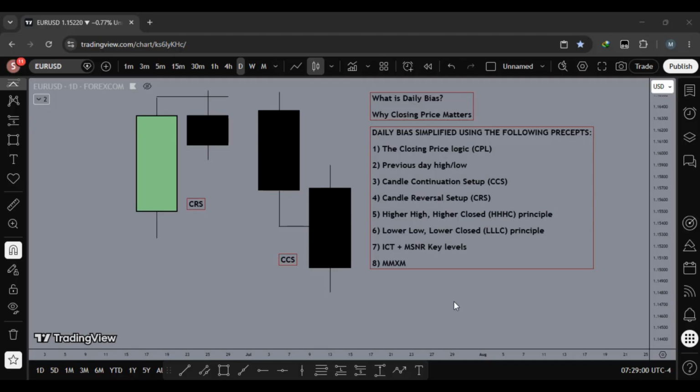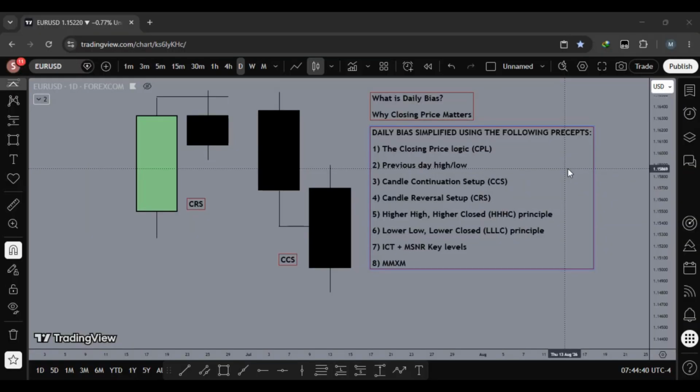In today's video, I will show you the right way to frame daily bias using ICT Closing Price Logic and Malaysian SNR, so you can stop forcing trades and start trading with the right direction. Most traders decide bias emotionally and end up being confused.